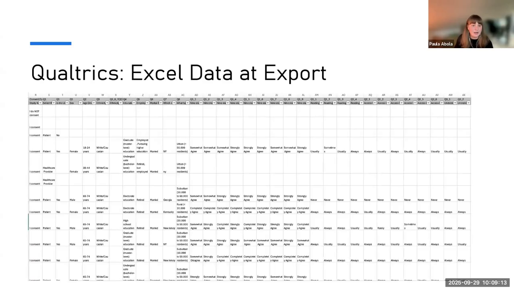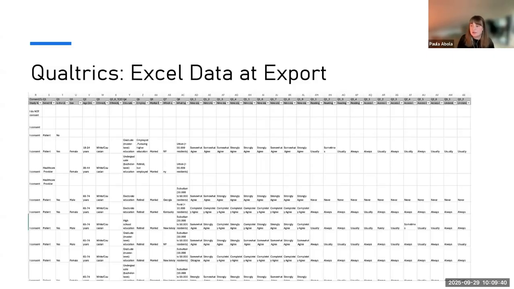So this is how my data looked at export. As you can see, it is quite messy. And of course, it cannot be given to a statistical software looking like this, because the software only understands numerical data, meaning numbers. So therefore, each data had to be converted, or as I like to say, coded to numbers. And this way, for each question, we assign a number to a specific response.